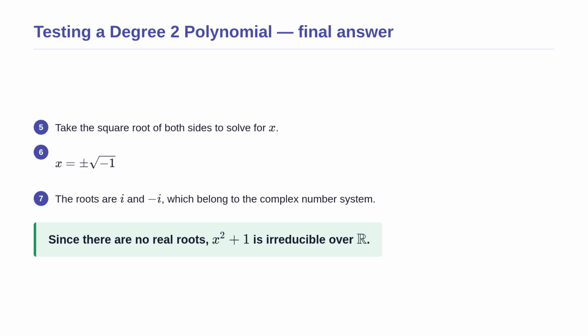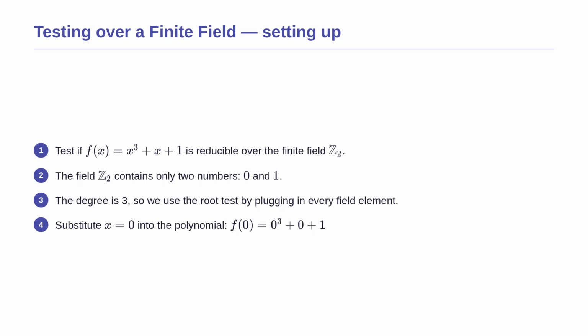Because we could not find any roots within our allowed field of real numbers, our test gives us a definitive answer. The polynomial x squared plus 1 cannot be factored using real numbers, meaning it is strictly irreducible over the reals.